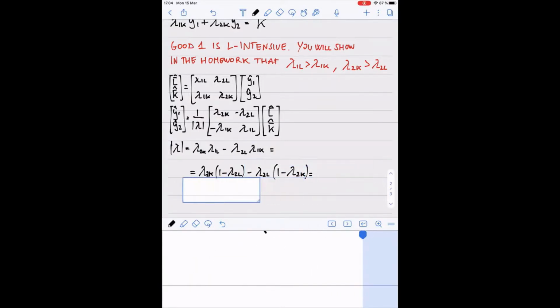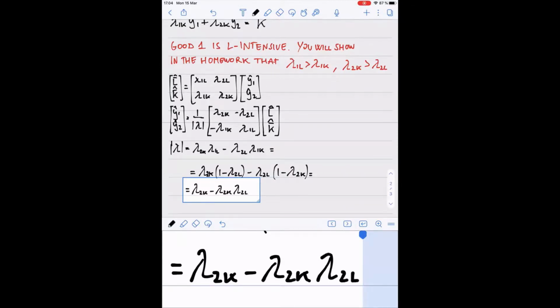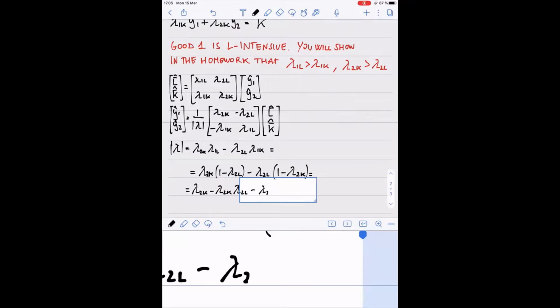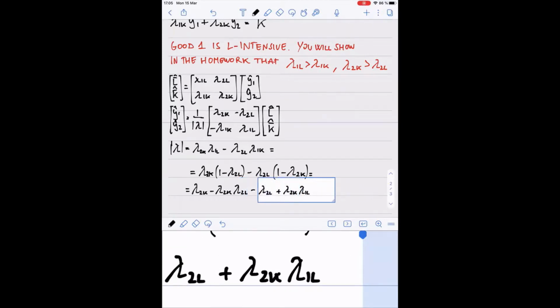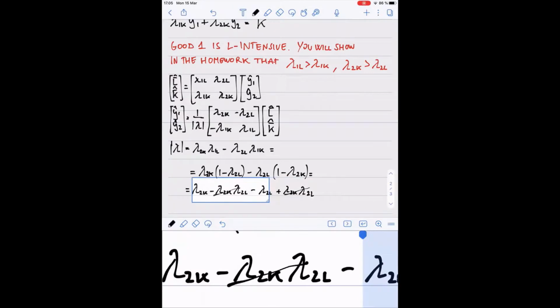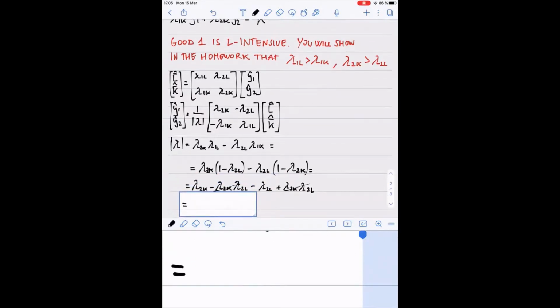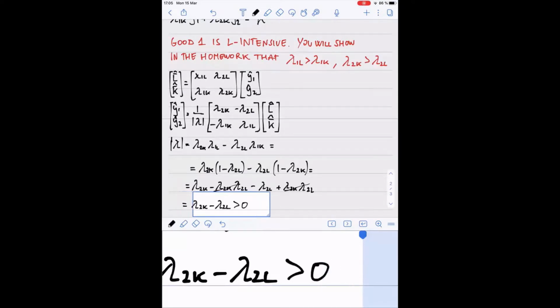And so this is equal to lambda 2k minus lambda 2k lambda 2l minus lambda 2l plus lambda 2k lambda 2l. And so this term cancels out with this term, and so what we get is lambda 2k minus lambda 2l, which is greater than 0.